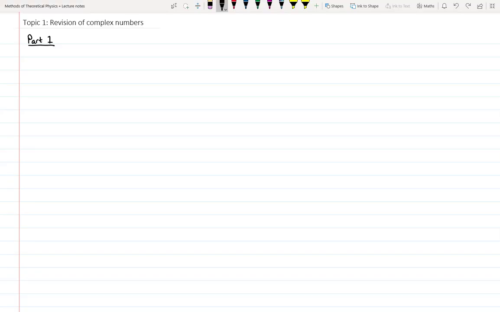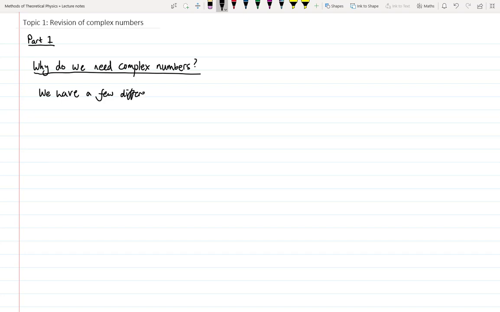We're going to begin by asking the question, why do we need complex numbers? So we already have a few different sets of numbers that you'll be familiar with already.